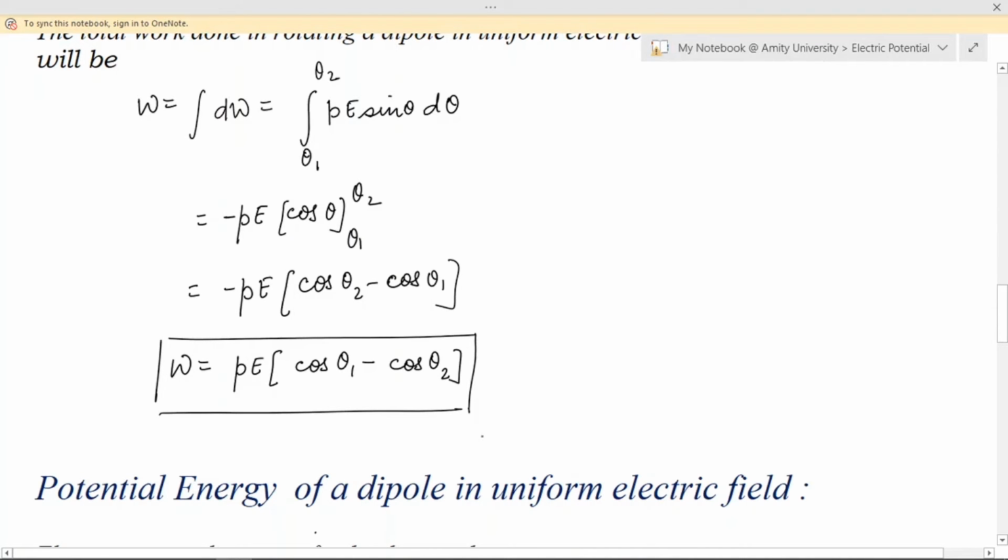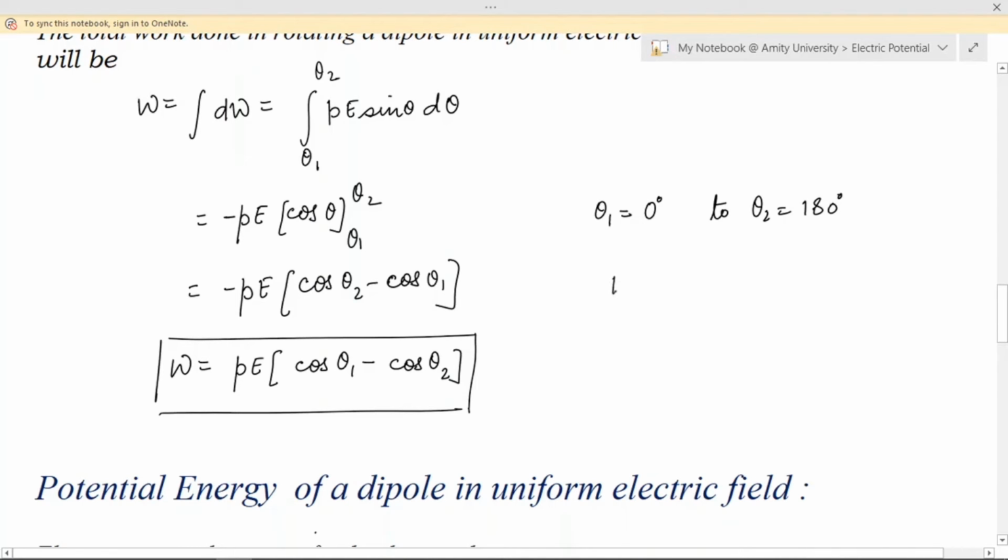Now a question can be asked: find the total work done in rotating an electric dipole from the state of stable equilibrium to unstable equilibrium. In stable equilibrium, we consider theta to be 0 degrees. We need to rotate it till it reaches unstable equilibrium, that is when theta 2 becomes 180 degrees.